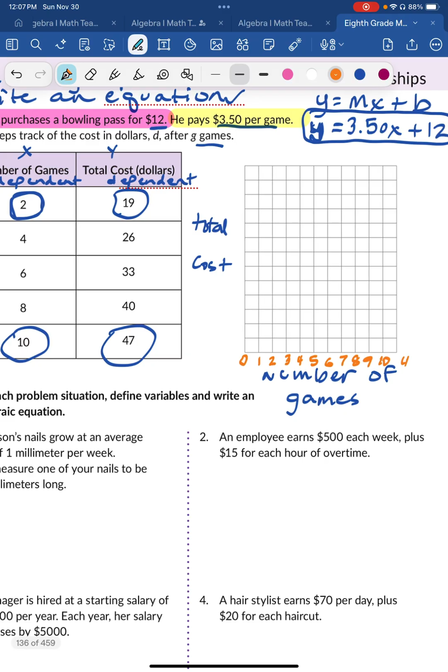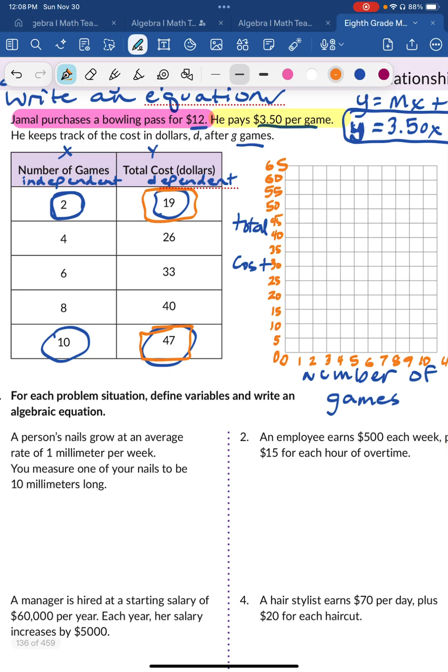What do you want to count by? When you're starting with $19 and you're going to go up to 47, let's try fives and see if that works. So we're going to do 0, 5, 10, 15, 20, 25, 30, 35, 40, 45, 50, 55, 60, 65. So that looks good to me. Let's leave that there.